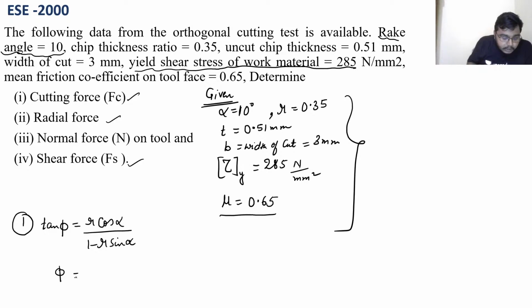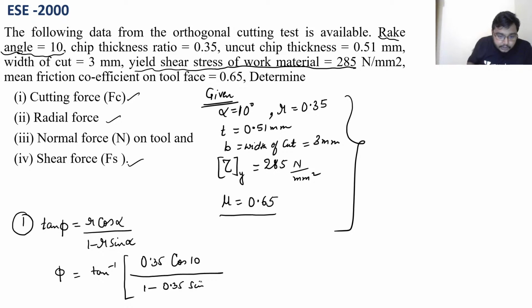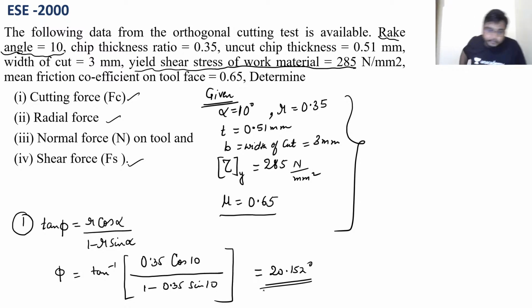So phi is equal to tan inverse of r cos of 10 by 1 minus 0.35 sine of 10, with r given as 0.35. From here you will get the value of phi as 20.152 degrees.